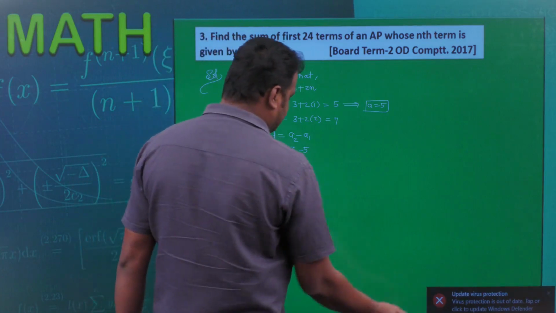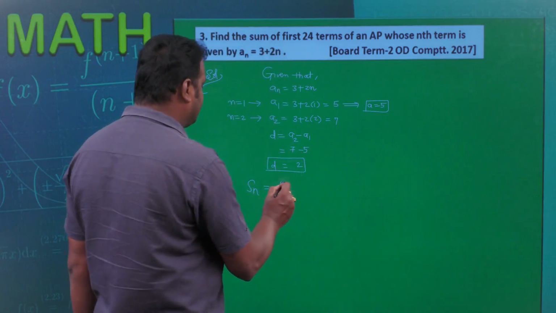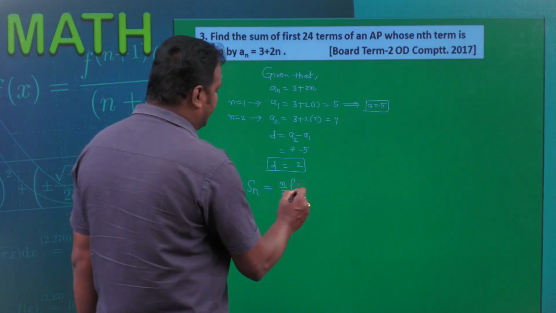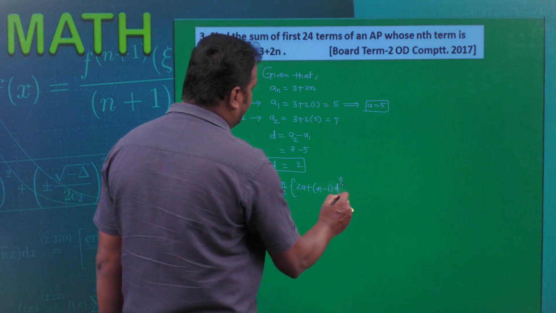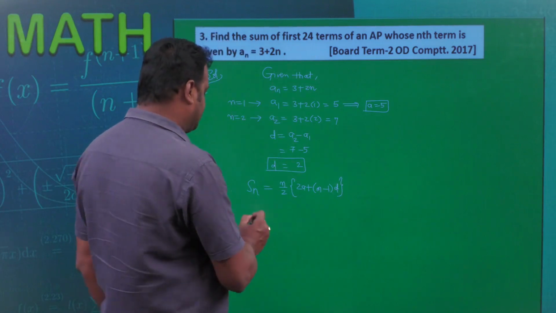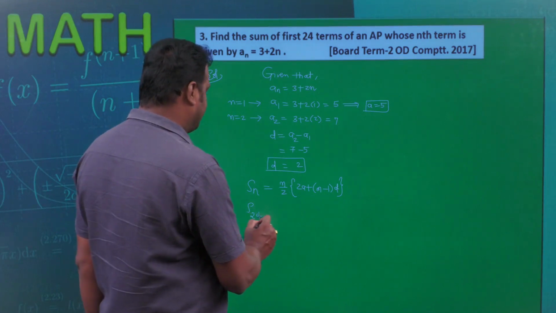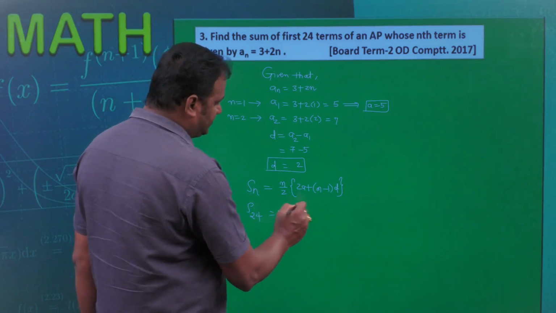Therefore, the sum of the first n terms of an AP: Sn is equal to n by 2 times (2a plus (n minus 1) into d). But for how many terms do I require the sum? That is 24 terms. So S24 is equal to 24 divided by 2 times (2a plus (24 minus 1) into d).